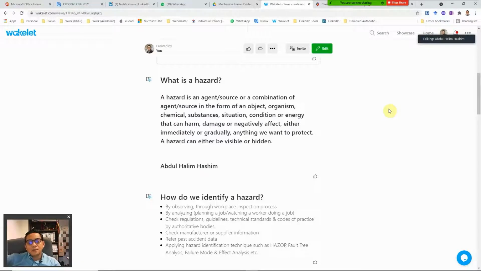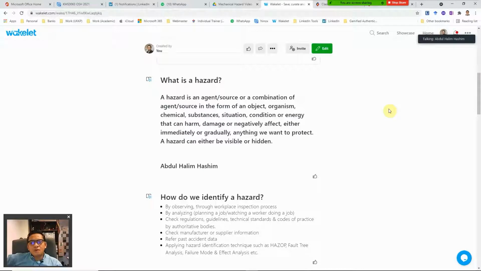And hazard is a term that is already accepted in the Malay dictionary by the Dewan Bahasa dan Pustaka as an acceptable term. So if it's in English, it's called a hazard. If it's in Malay, it is also called as a hazard with the same spelling.